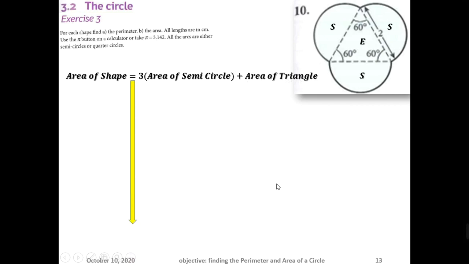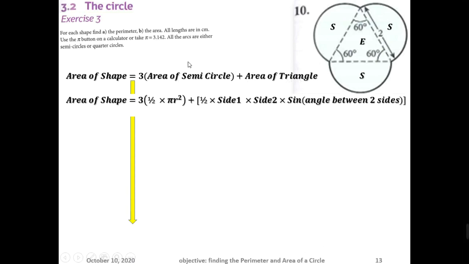Let's substitute here. You can immediately say 3 times the area of the semicircle that we found in the first step, plus the area of the triangle which we found in the second step, and you're done. But I'm just trying here to revise or summarize the steps that we made previously.